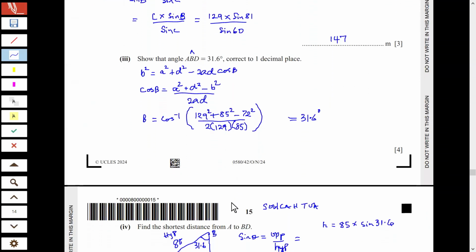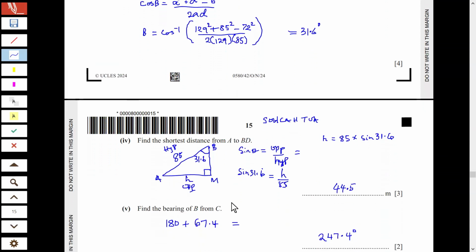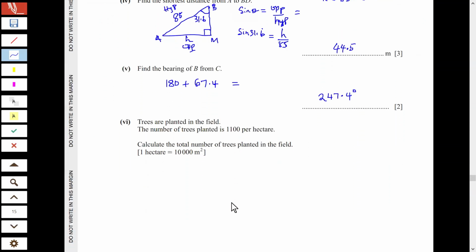Area of ABD, half times base times height. So area of triangle ABD, which is a triangle, half times base times the height, will be 1/2 times 129 times 44.5.